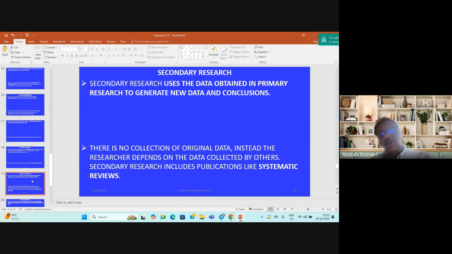Instead, the researcher will depend on the data collected by others. Secondary research includes publications like systematic reviews, or sometimes the investigator carries out a further step in the form of meta-analysis. That is, in the sense, conducting a statistical reanalysis so that you come up with new conclusions.